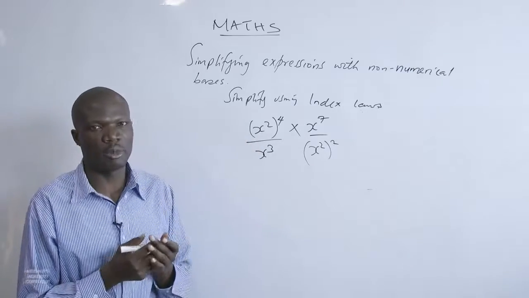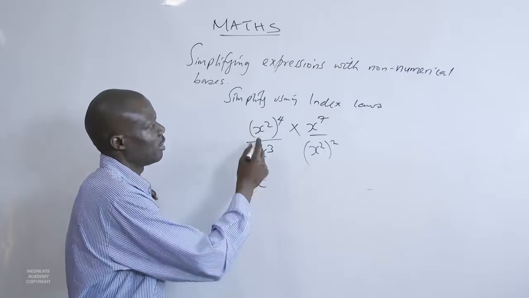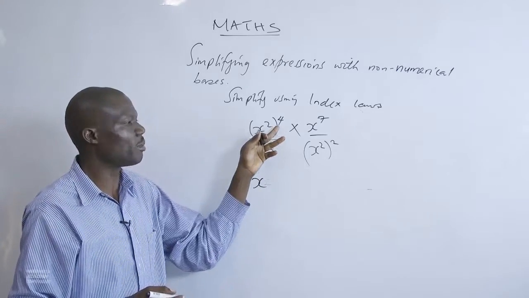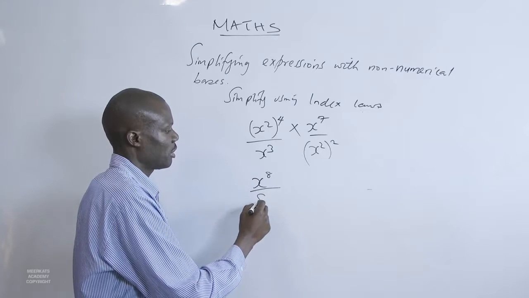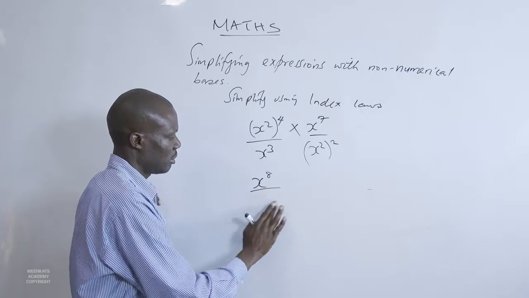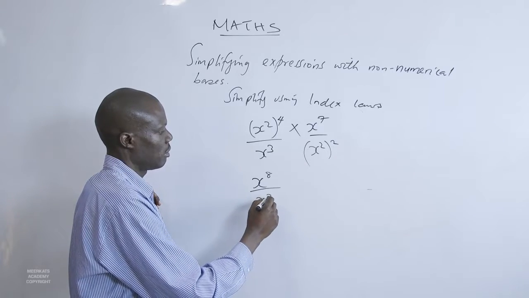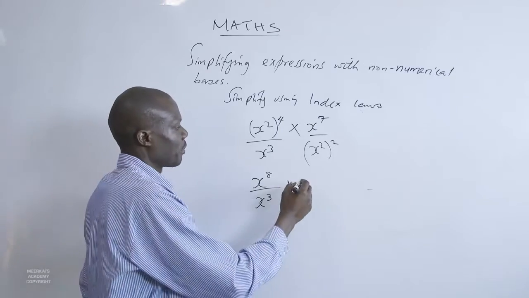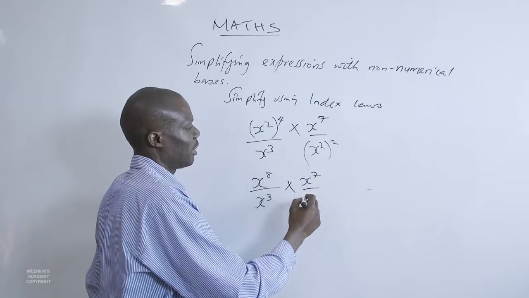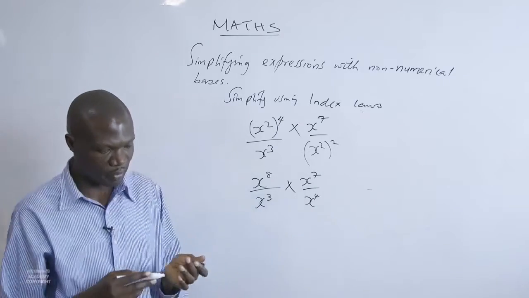We handle each part independently. The first one is x power 2, and then power 4 is 2 times 4, which is 8, over x power 3, multiplied by x power 7 over x power 2 times 2, which is 4.